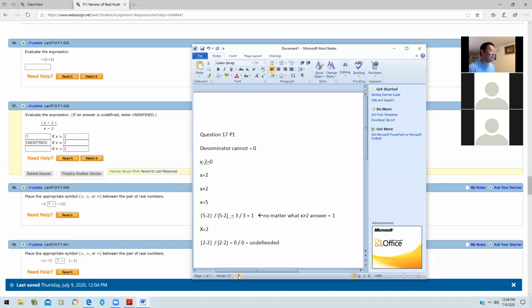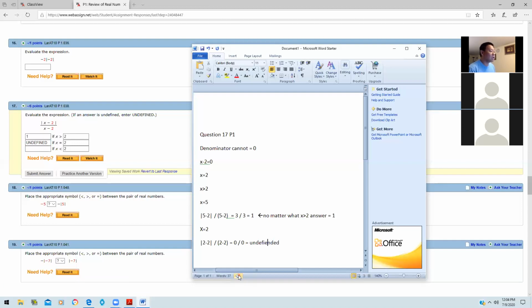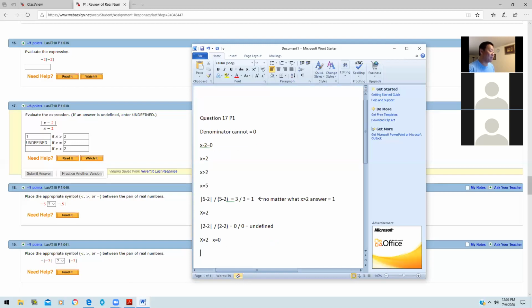And then lastly, pick x less than 2. For x less than 2, we will pick 1 or 0, any number less than 2, and plug it into this equation.